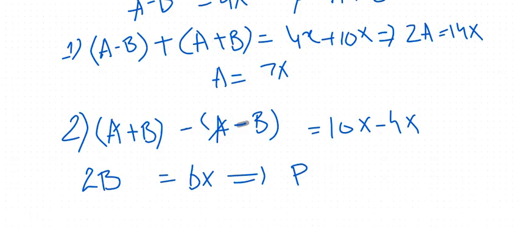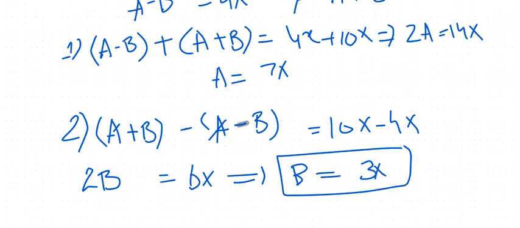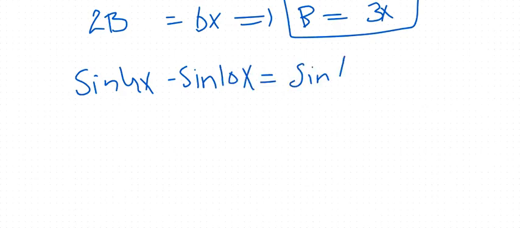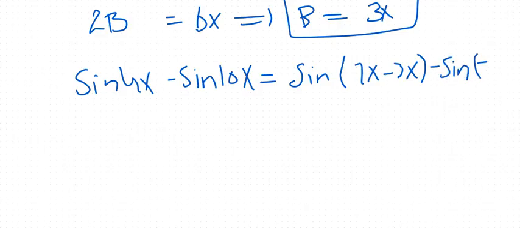We just substitute the values into the equation, and what do we get? Sine 4x minus sine 10x equals sine(7x − 3x) minus sine(7x + 3x). I'm just going to simplify the equation.